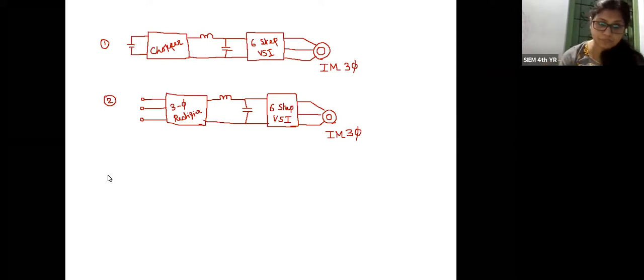Now the third one is, again we have a DC voltage. It is a variable DC voltage, and we are getting pulsating DC voltage, so we have to use a low pass filter here.